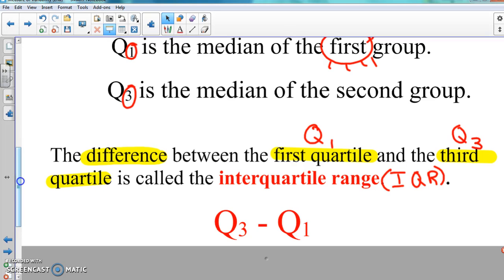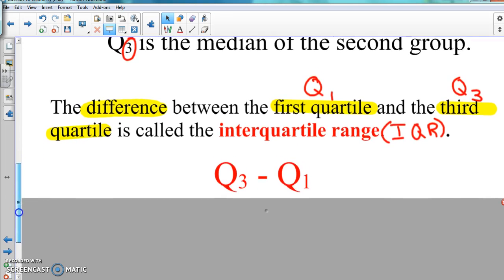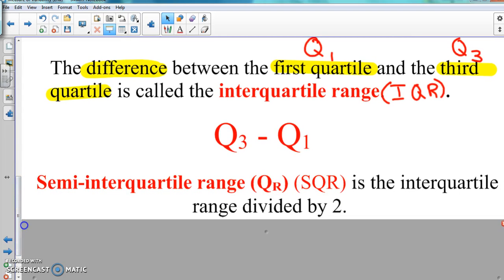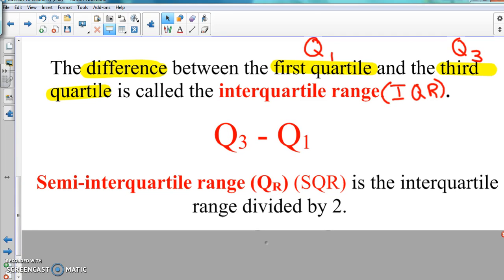That's it. Simple, easy, not hard. It's going to be a good section for everybody to hopefully get a good grade and understand how to do it, because this is not a hard section. All right, now the semi-interquartile range is just taking what you just found, Q3 minus Q1, and dividing by 2. Really the keywords are interquartile range divided by 2. Pretty much the whole definition is pretty simple.